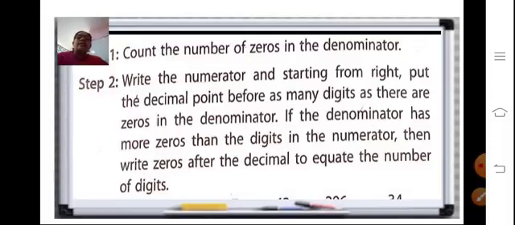If the denominator has more zeros than the digits in the numerator, then write zeros after the decimal point to equate the number of digits.